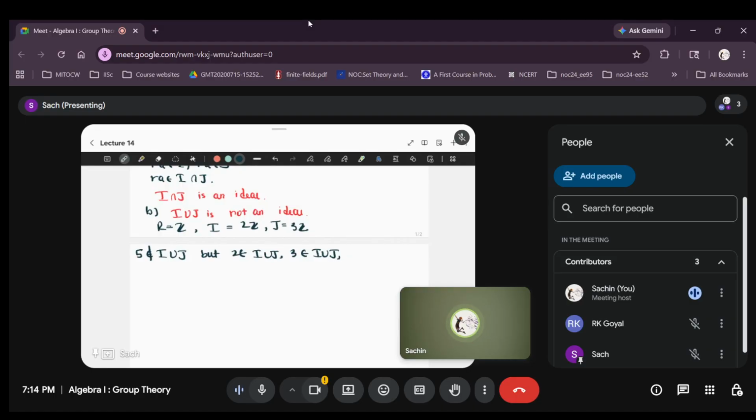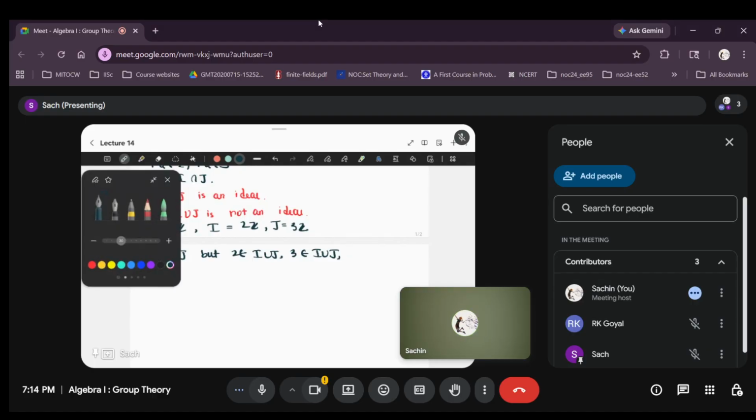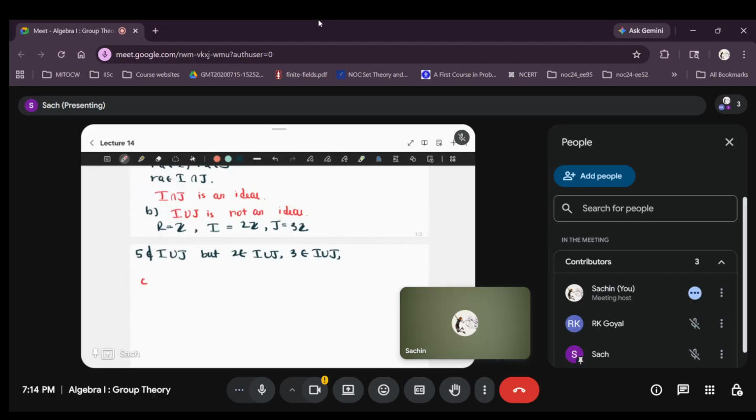So similar to that, we can construct an ideal using I and J. Instead of doing I union J, we take what we'll call I plus J, and we'll define it to be A plus B, A in I, B in J.